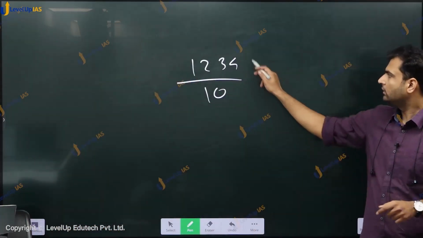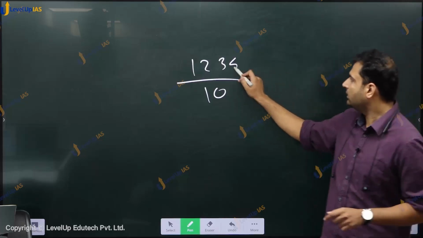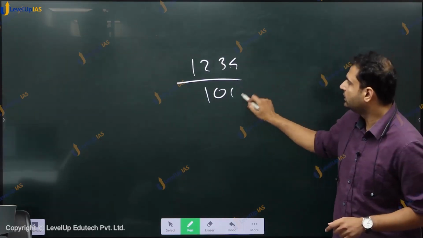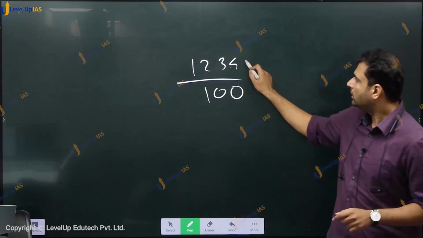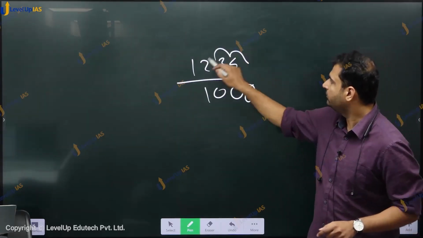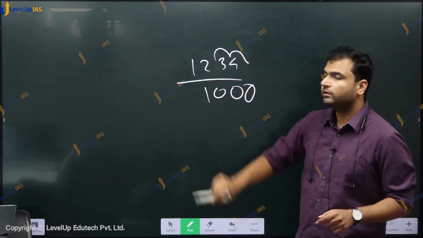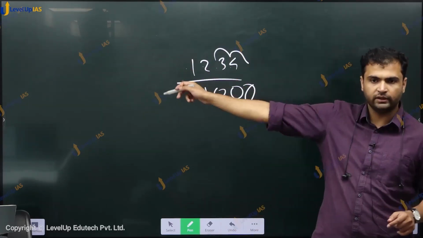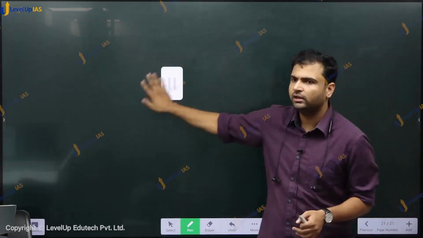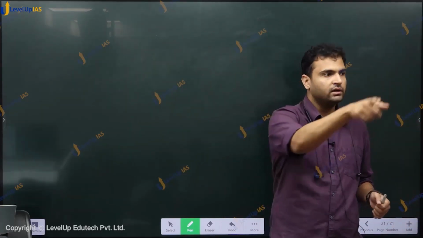We just add one decimal point after 4 here. What is 1234 divided by 100? Here decimal point. By 1000 we add here. By 10,000 we add there. So whatever power of 10 we divide the number by, we add decimal points from the right at that location.